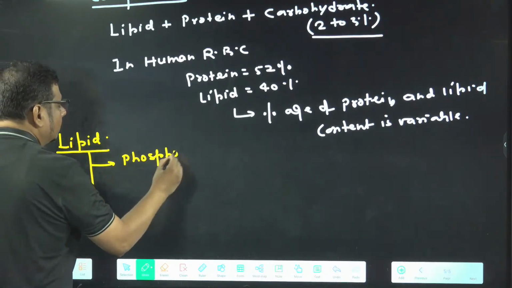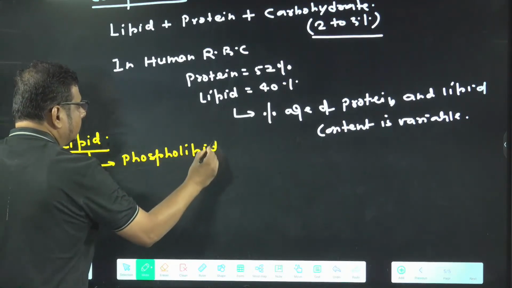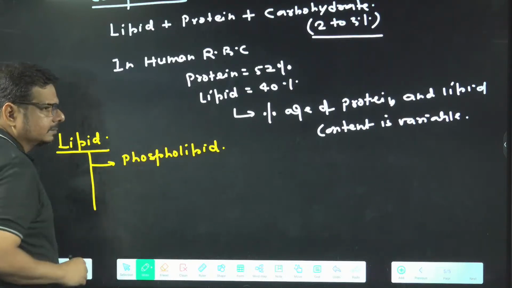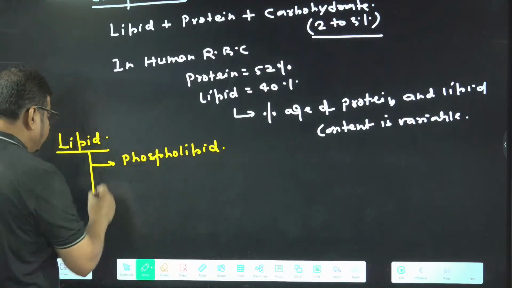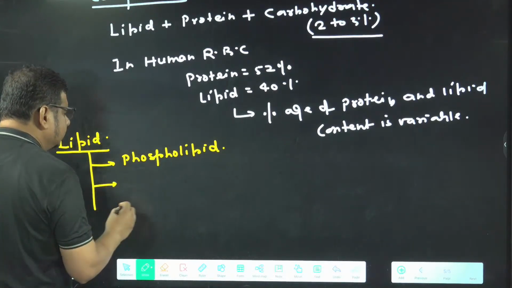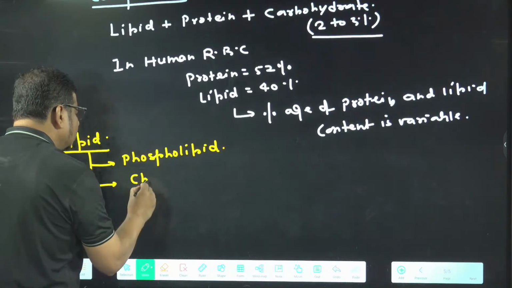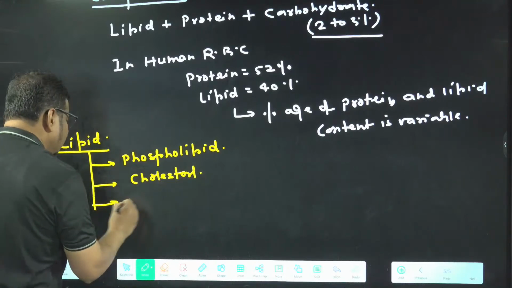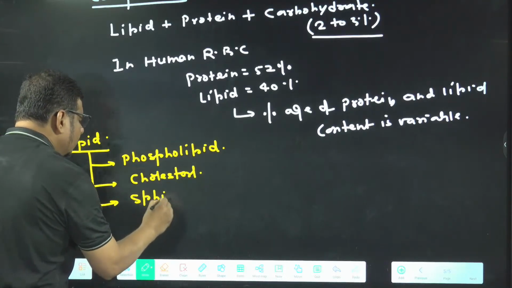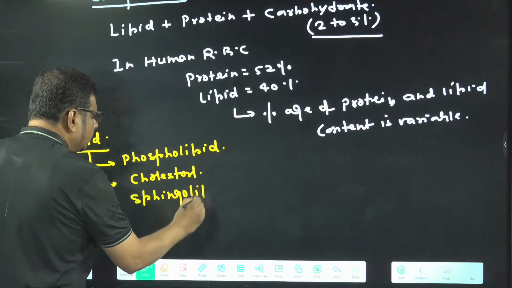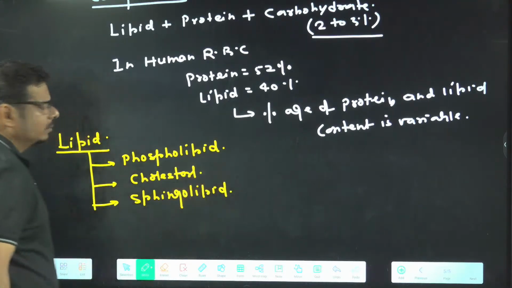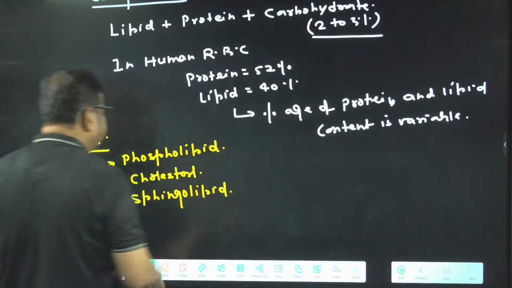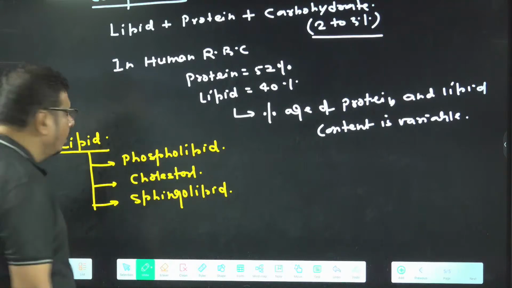Phospholipid, cholesterol, and sphingolipid. Able to understand? So phospholipid, cholesterol and sphingolipid are present in the lipid component.